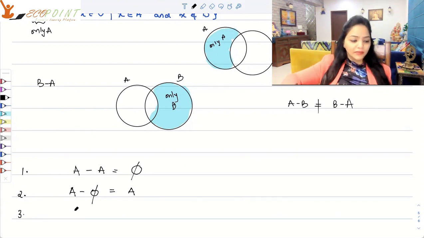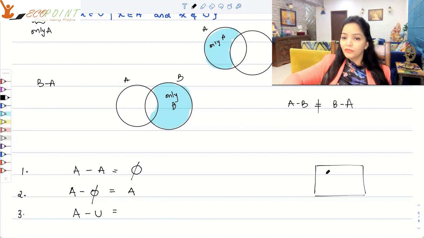And number three, if you take out the universal set from A. A is a set which is a part of the universal set. A is a set, this is the universal set, say.